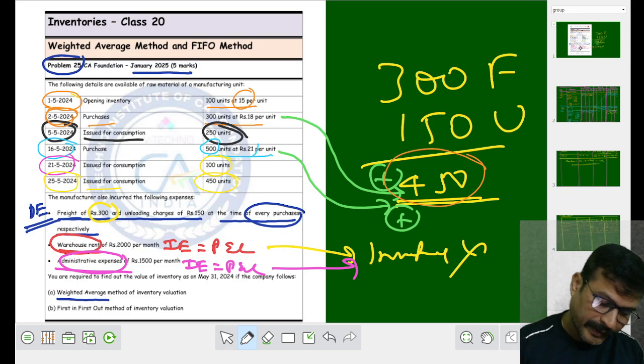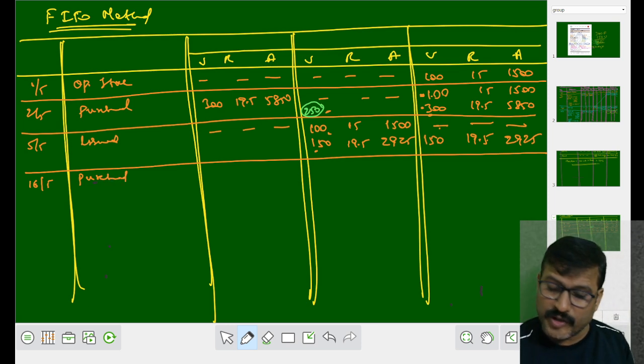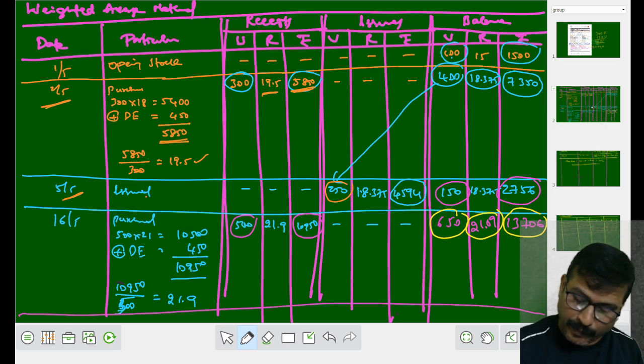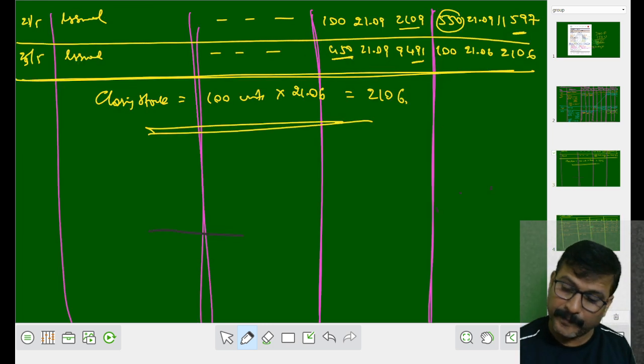After 5th, what happened? On 16th, there was a purchase. How many units did you purchase? See here only. Purchased 500 units at 21.5.